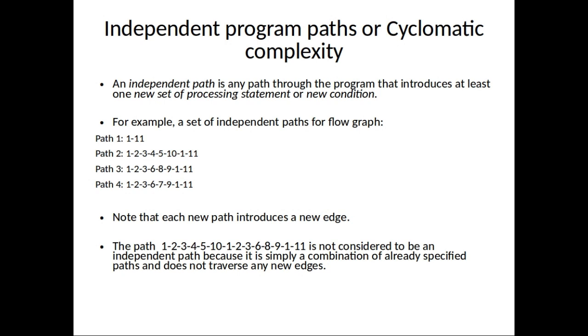Path 4: 1, 2, 3, 6, 7, 9, 10, 1, 11. Note that each new path introduces a new edge. The path 1, 2, 3, 4, 5, 10, 1, 2, 3, 6, 8, 9, 10, 1, 11 is not considered an independent path because it is simply a combination of already specified paths and does not traverse any new edges.